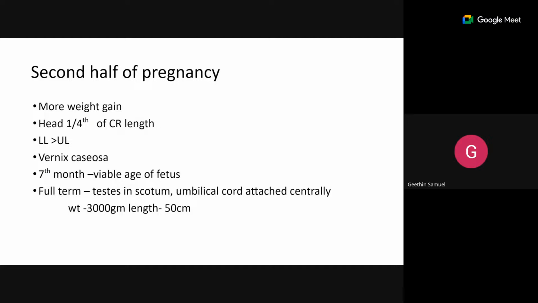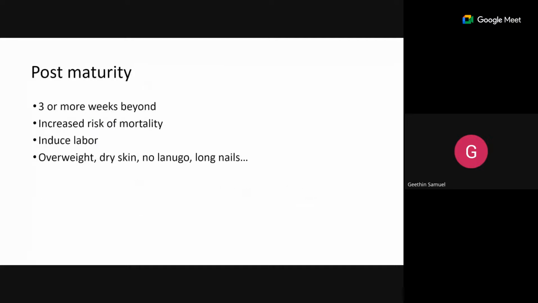And the baby can go to post-maturity, that is 3 or more weeks beyond. Normal pregnancy period is 40 weeks or 280 days. So what is the risk of post-maturity? There is increased risk of mortality because the baby will be overweight.